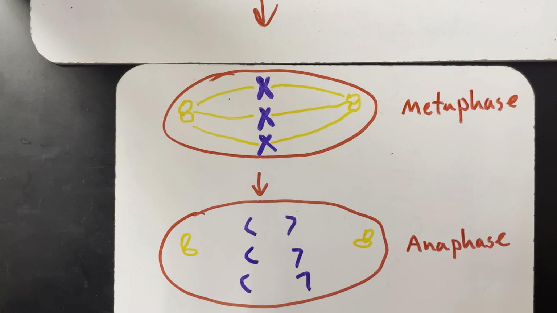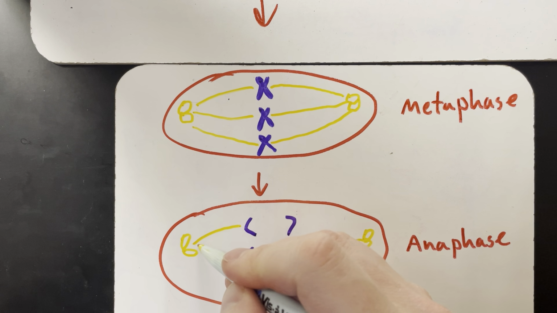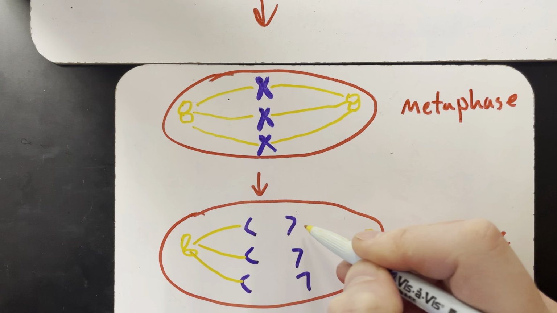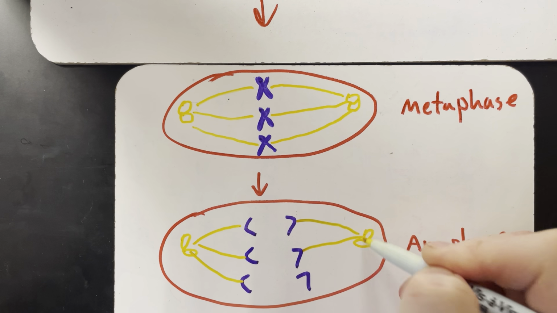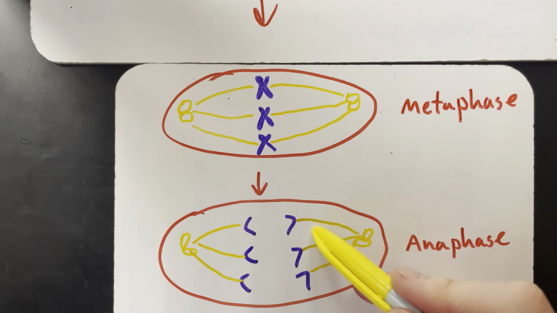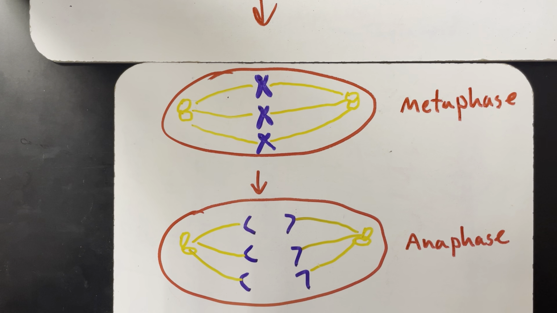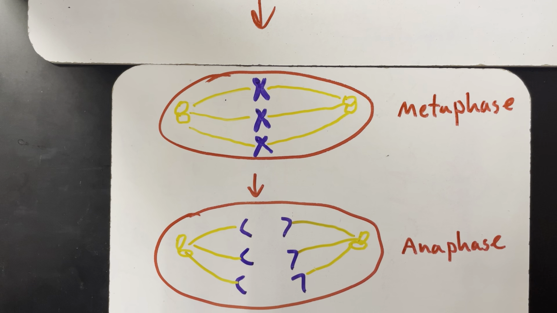And then those identical copies are going to separate. So there's this big microtubule. It's a big chemical rope type thing that connects to these, and then they get pulled apart from each other during anaphase.